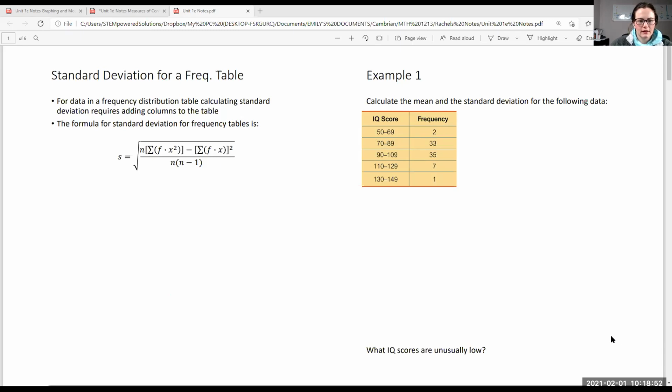Our lower class is all these values on the left-hand side: 50, 70, 90, 110, 130. Then we have the upper class: 69, 89, 109, 129, then 149.